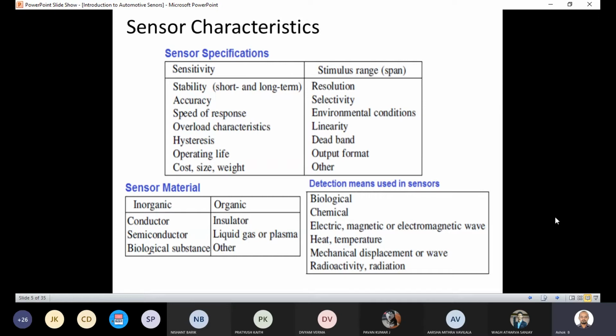Especially in the case of automotive segments, the sensor needs to operate in very wide, rugged operating conditions. It has to operate under too much vibration, especially the engine related sensors, as well as temperature, noise, and oily surfaces. The requirements of an automotive sensor will be totally different from those of robotics related sensors.